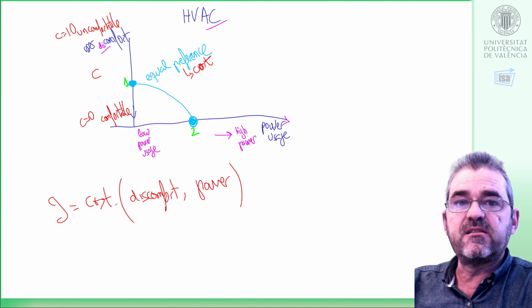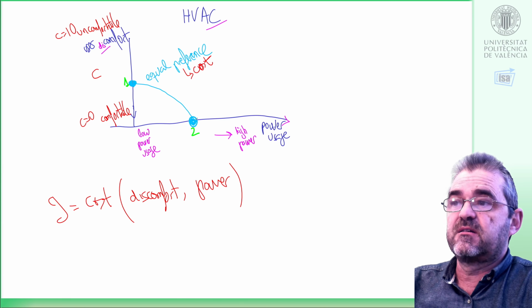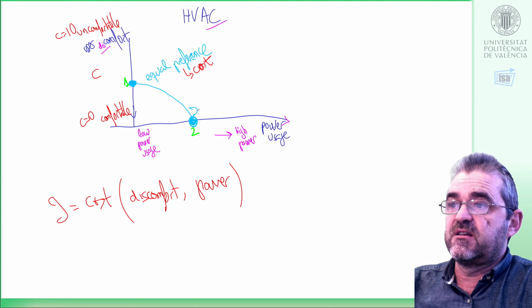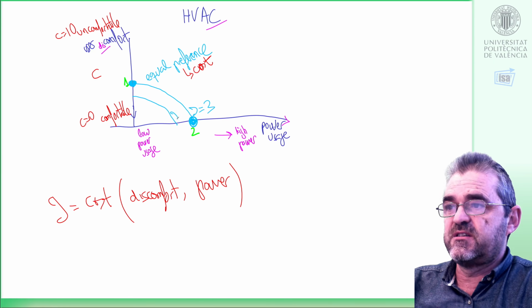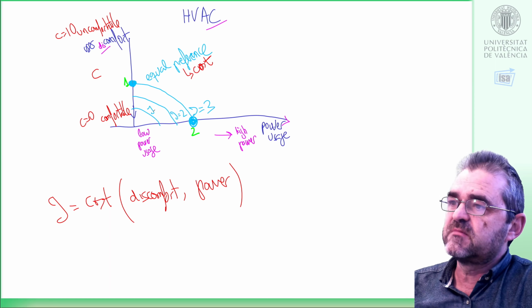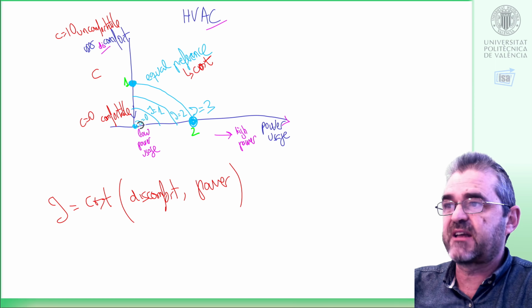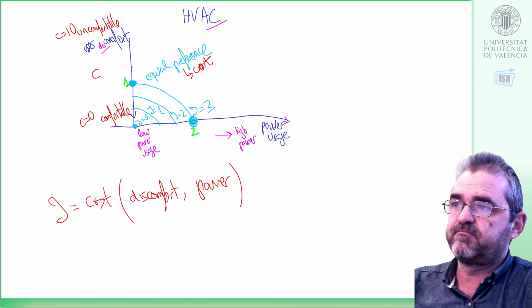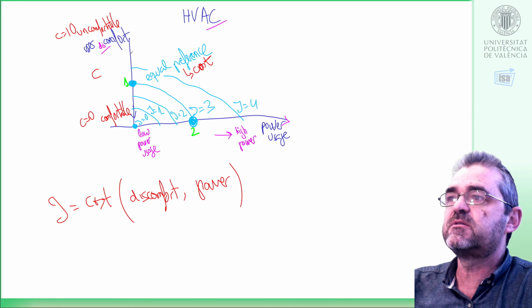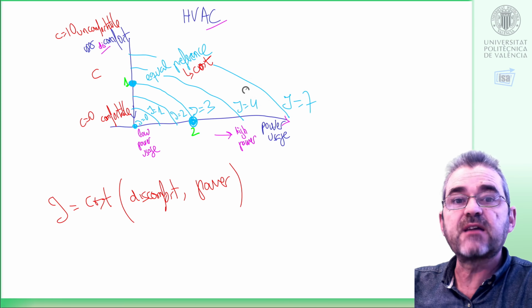Then if I denote such a cost as capital J, this line may have, let's say, J equal 3. I may have this J equal 2, J equal 1, and J equal 0 would be maximum comfort, minimum power. And of course, I may have J equal 4, J equal 7, or whatever I might decide.